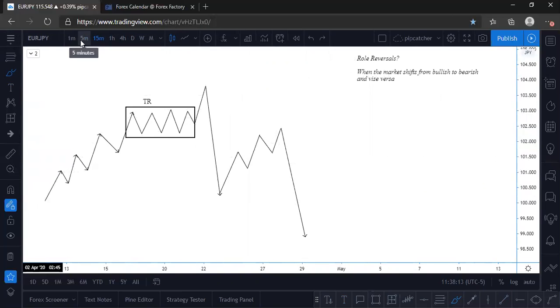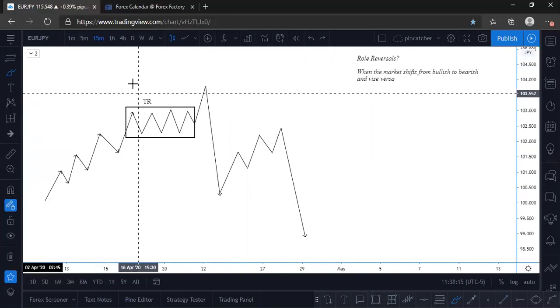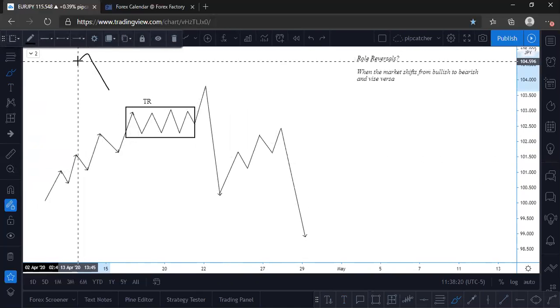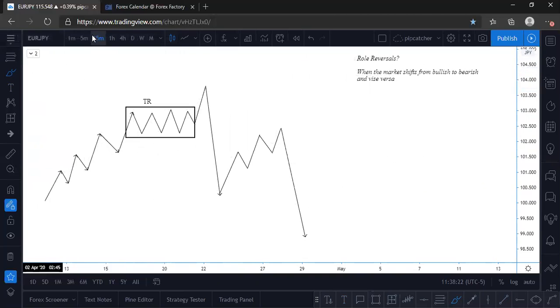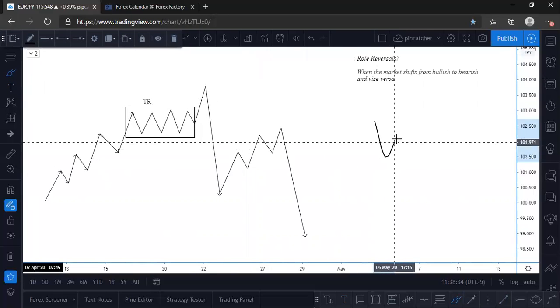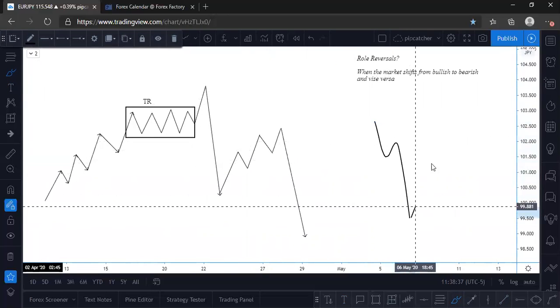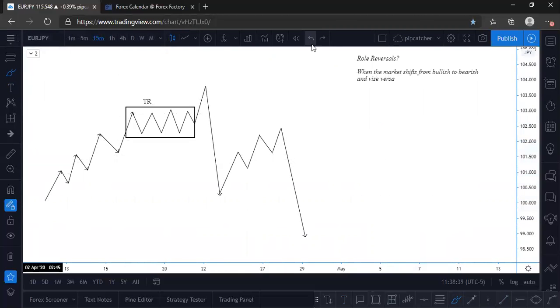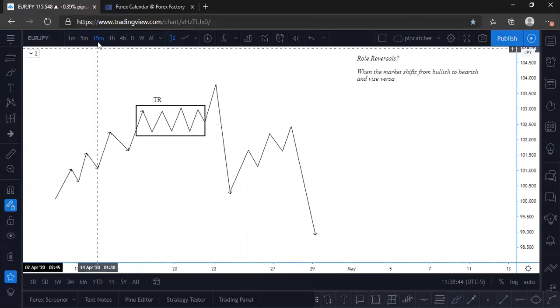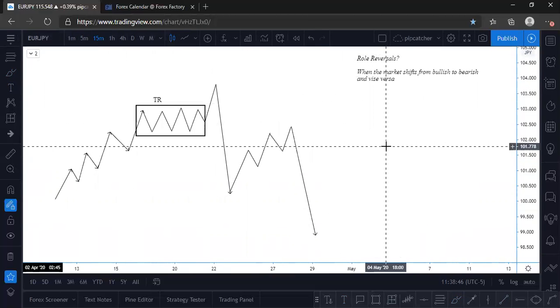And also, I wouldn't really be looking for overall market direction shifts under, I'd say the 15-minute is okay, but anything under that, if you're going off of a 5-minute break of structure like this, I don't know what your win percentage would be, but I would imagine that it wouldn't be that good if you aren't a scalper.